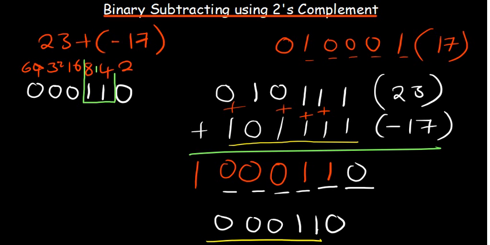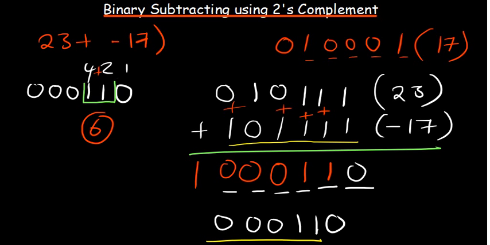Sorry, I needed not to start from 2. I'm supposed to start from 1. So we have 1, 2, 4, right? So we just have addition of 4 plus 2, giving us a 6. And if you add 23 plus negative 17, your answer is a 6. So this is the result in a 6 register.